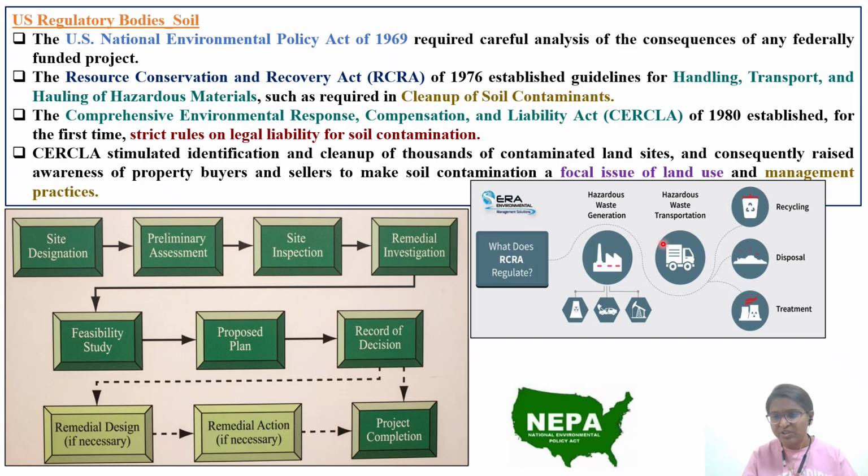Hazardous waste transportation, recycling, disposal, treatment, all these things RCRA regulates under the 1976 Act. Then the Comprehensive Environmental Response, Compensation and Liability Act, commonly called CERCLA. Another name for CERCLA is Superfund.